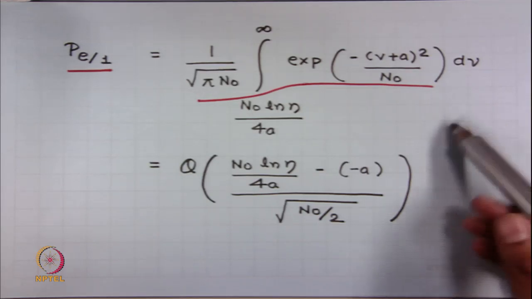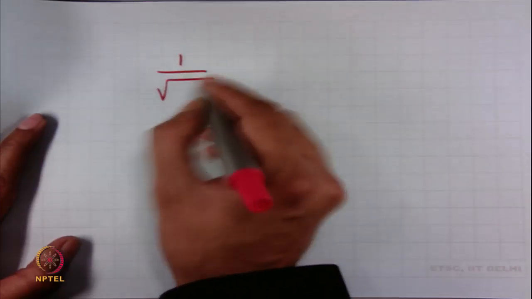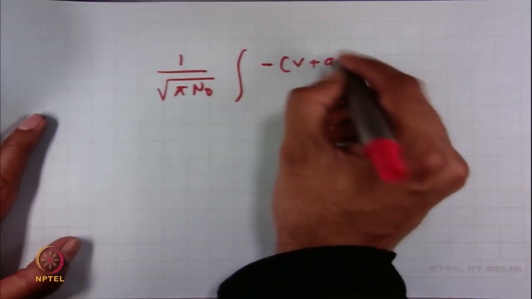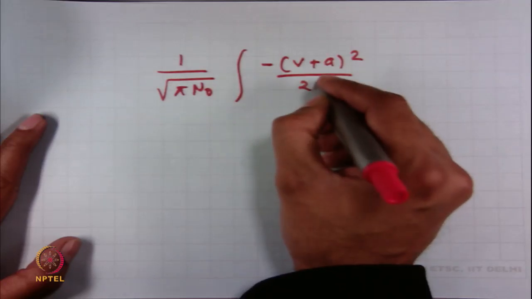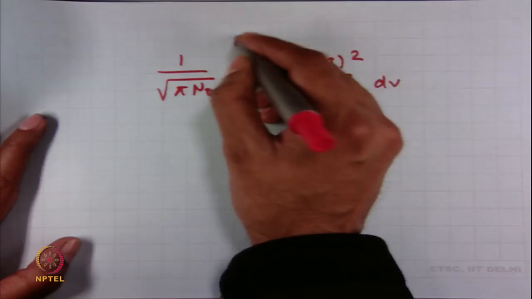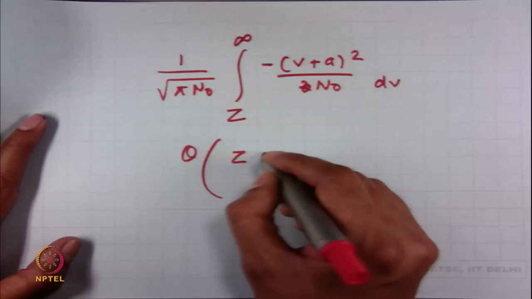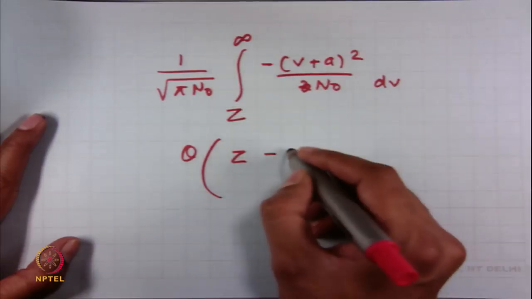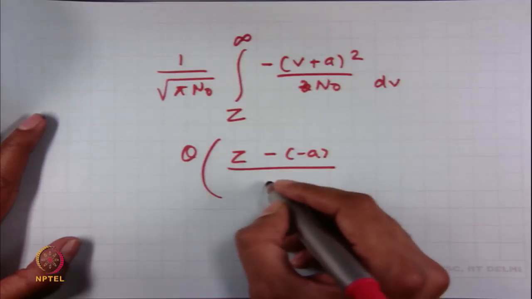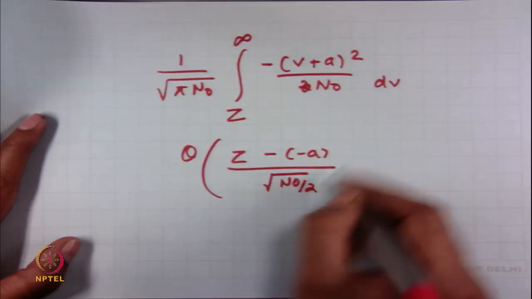Let me remind you. To calculate this integration, we have seen that this is Q of z minus mean, in this case minus A, divided by the standard deviation, which is root N naught by 2.